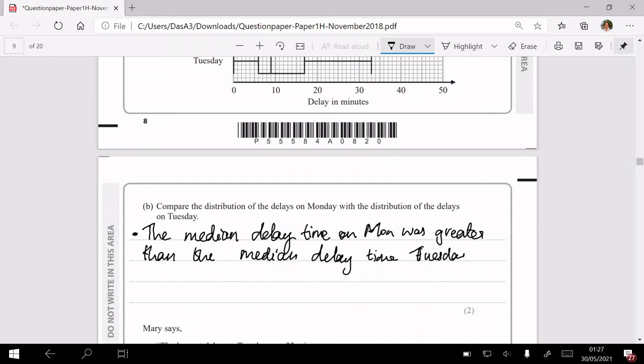For the second mark, you need to look at a comparison for the measure of spread, for example, the interquartile range.